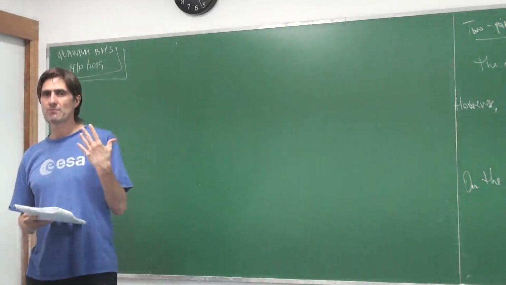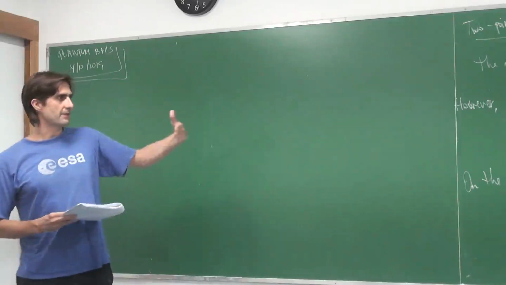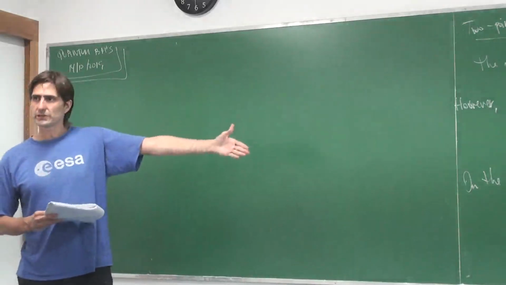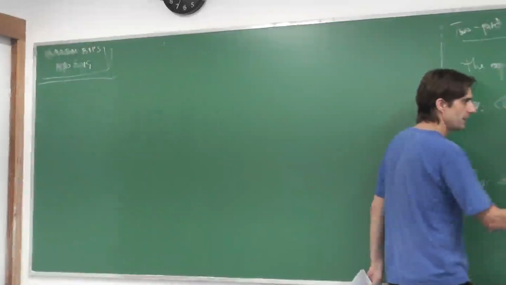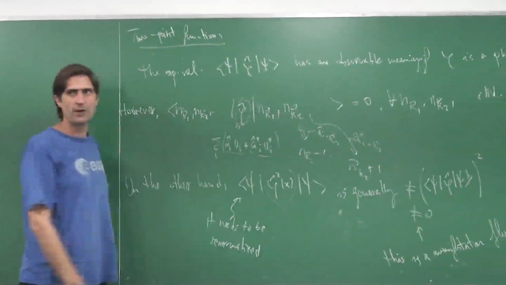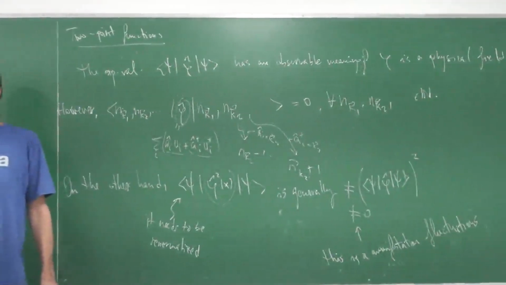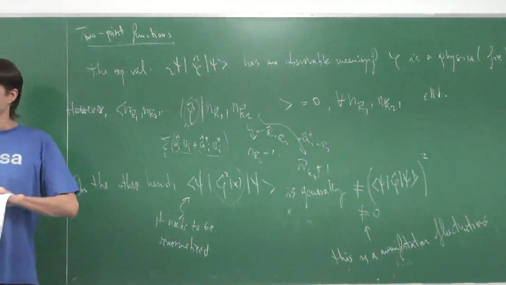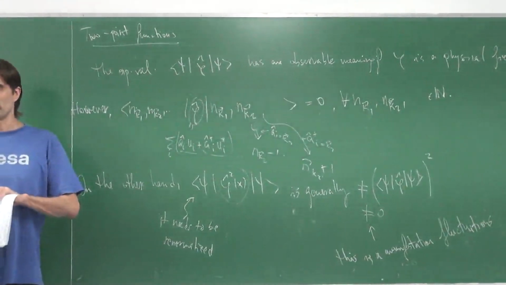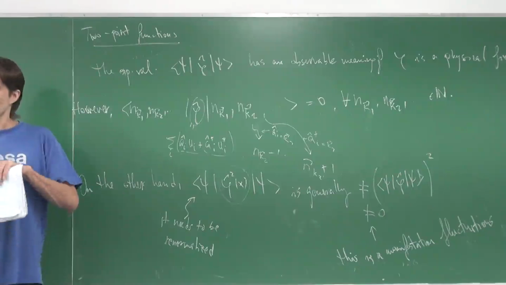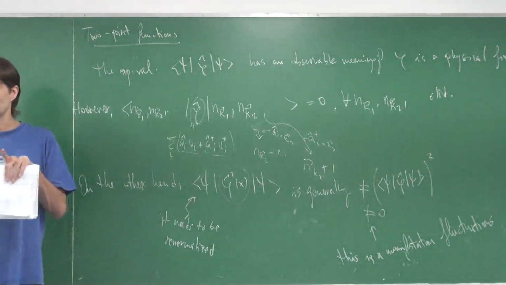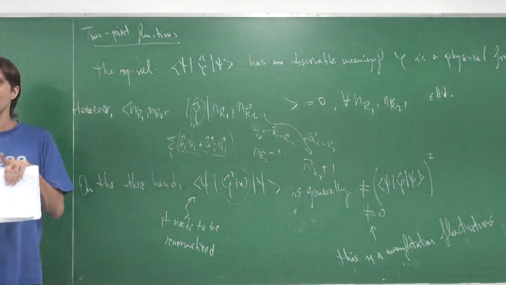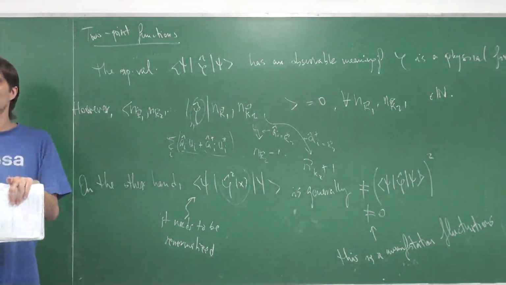So what do we mean by regularizing? It's like giving a representation for this object. Instead of evaluating phi at the same point x and multiplying by phi evaluated at the same point x, we evaluate the two factors in that product, the two phi's, at different spacetime points.